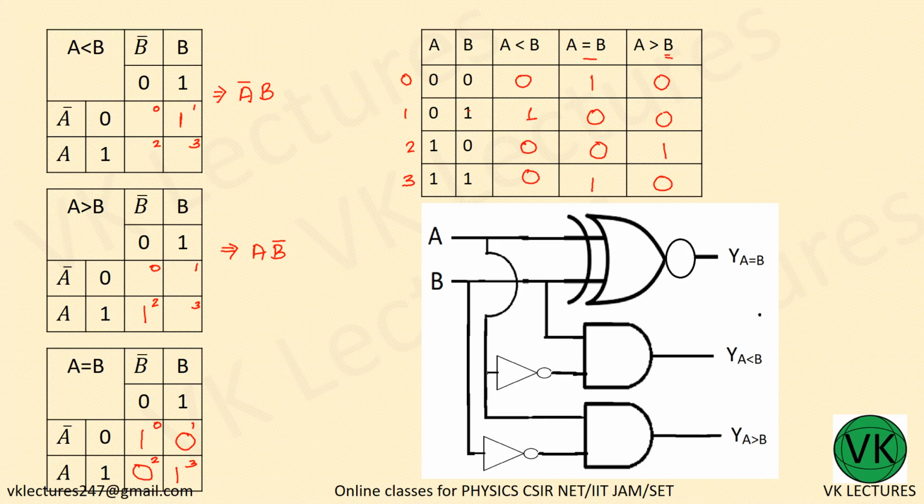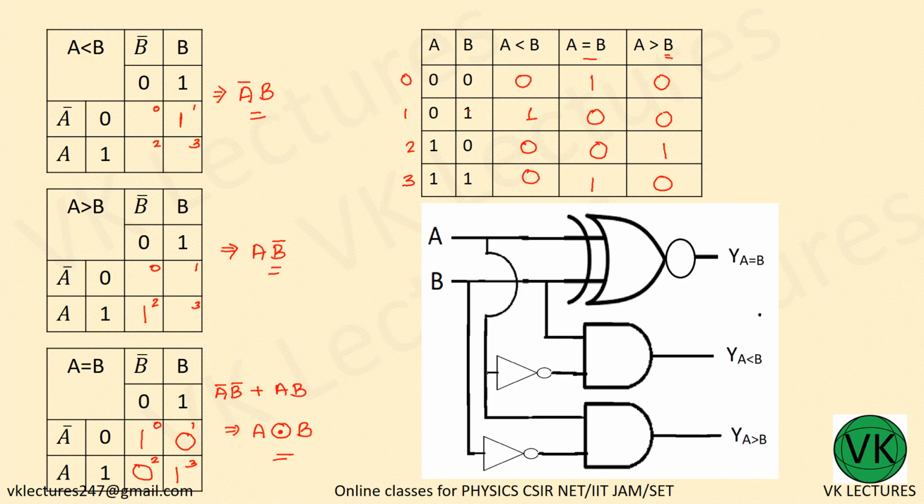So that is a bar b bar plus a b, that is equal to a XNOR b. So you need an XNOR output, then 2 AND gates, which give us the entire output.